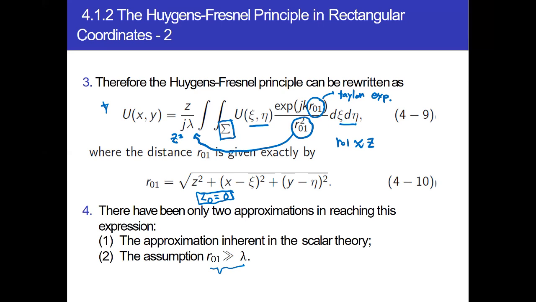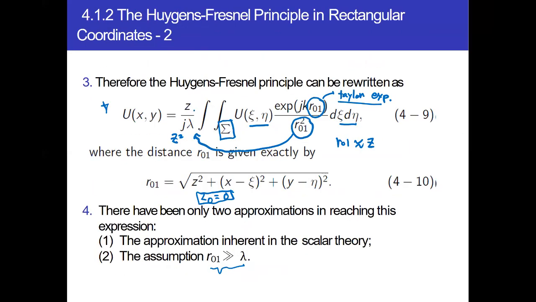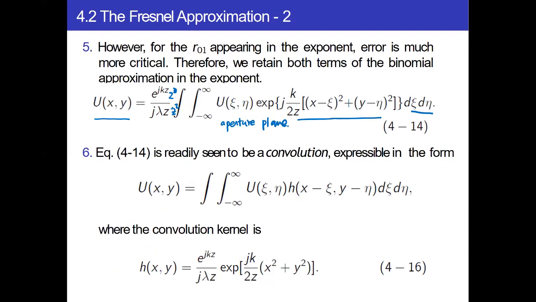And the next thing is that R01 is Taylor expanded, and then we have these terms, okay? The Z term is taken out of the integral once again. And obviously Z over Z squared becomes 1 over Z, right? And the exponential was taken out of the integral.